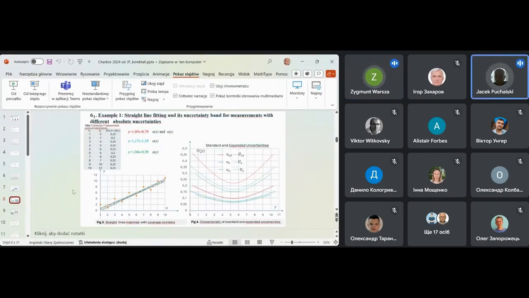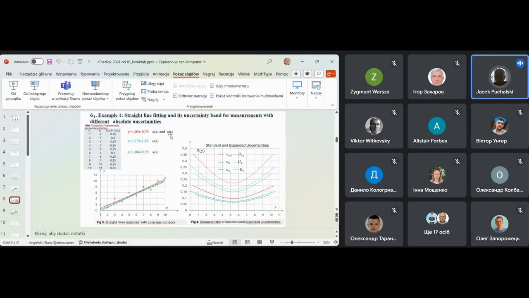At the moment you see the following fitting: a linear regression line for almost the same uncertainty for X, for Y, and for both.